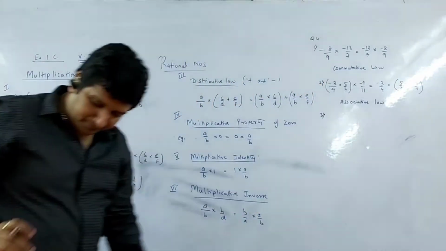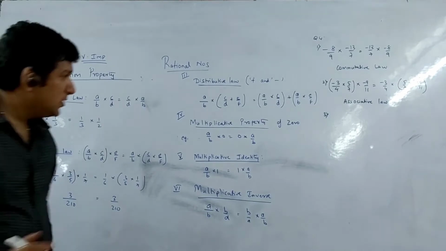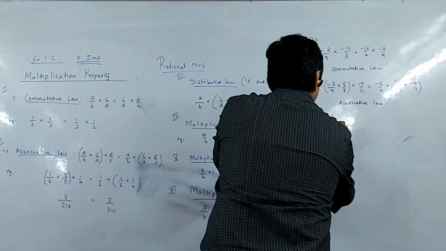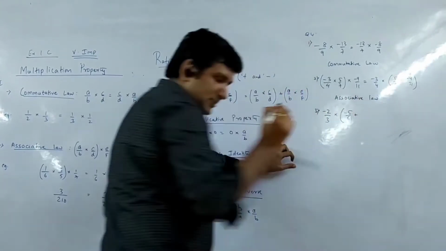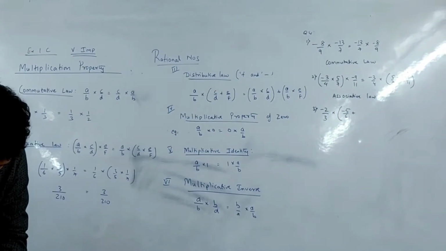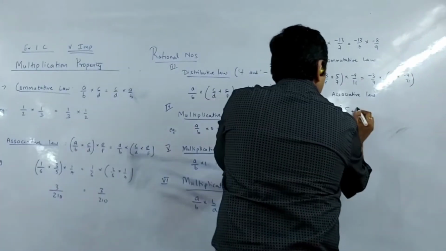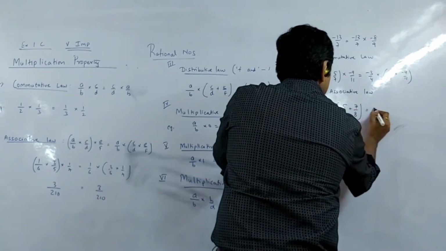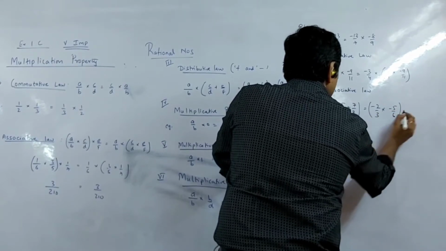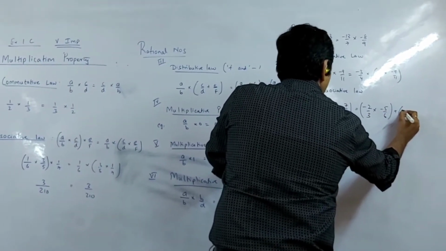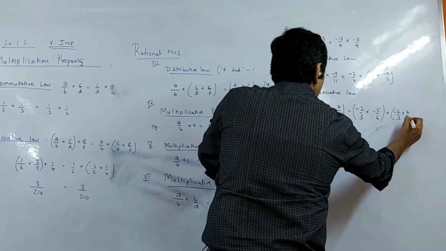Third, minus 2 upon 3 into minus 5 upon 6 plus minus 2 upon 3 into 7 upon 8.